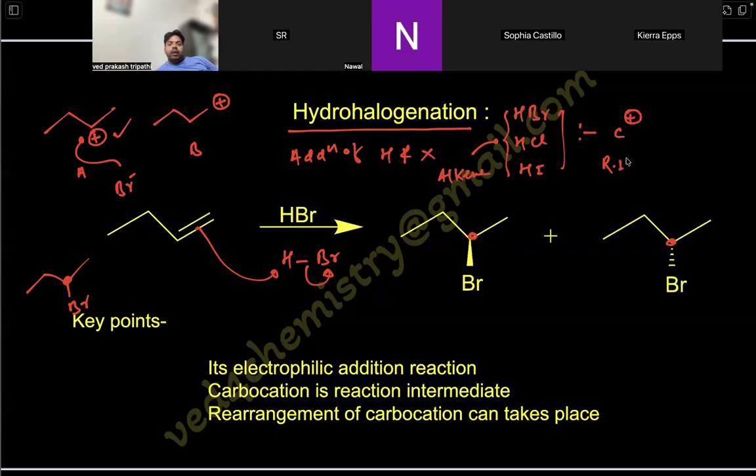And whenever you have a carbocation as an intermediate, there is a chance of rearrangement and then nucleophile attack on the most stable carbocation. Make sense? So the key point is rearrangement, the key point is the carbocation intermediate, and this kind of reaction is under the category of electrophilic addition reaction. Make sense?